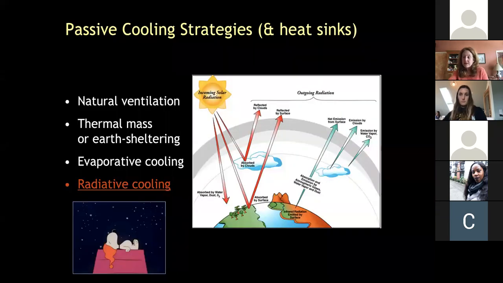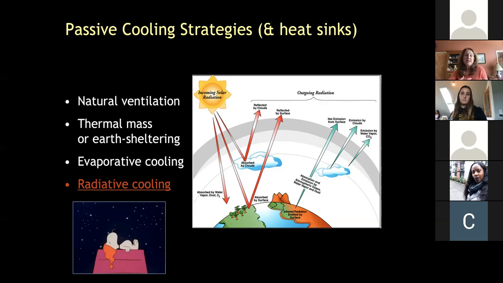All right, the next one I want to talk about is radiative cooling. And the idea here, I had mentioned this before, is that the very top of the atmosphere is very cold, and the way our planet maintains its heat balance is that there's incoming solar radiation during the day, and 24 hours a day there's outgoing radiation to the cold night sky.